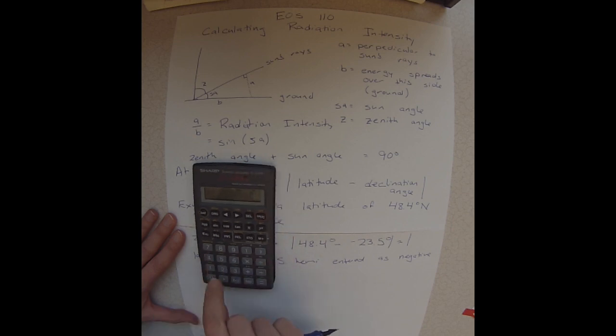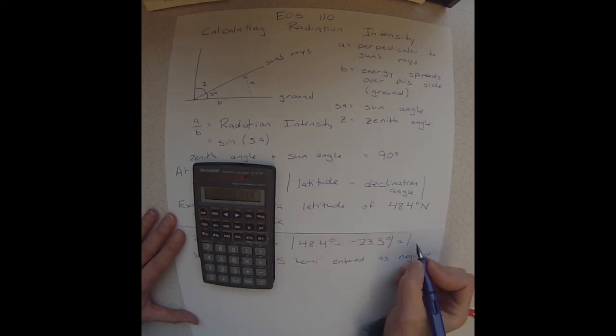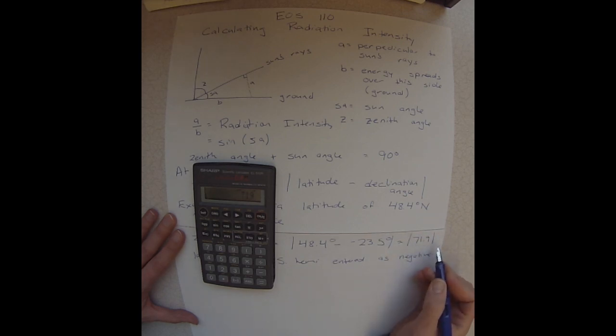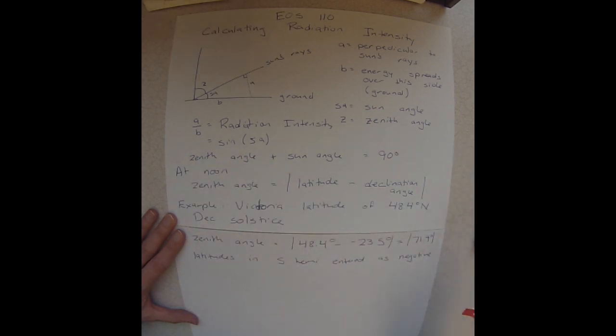So 48.4 minus a negative 23.5 gives me 71.9. It's the absolute value of 71.9, but it's already a positive number here. Okay, that's my zenith angle, but remember what I need is my sun angle.